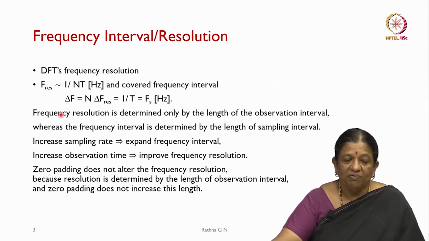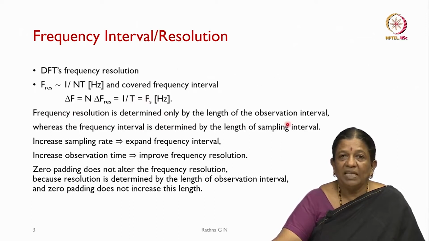So, what does it say? Frequency resolution is determined only by the length of the observation interval, that is N here, whereas the frequency interval is determined by the length of the sampling interval.